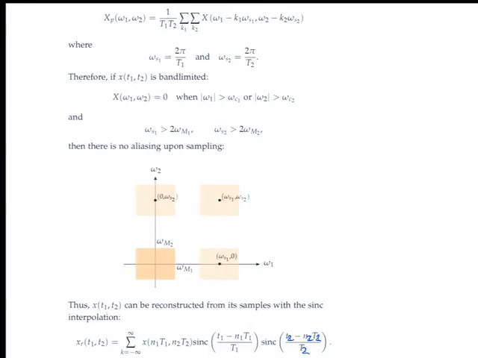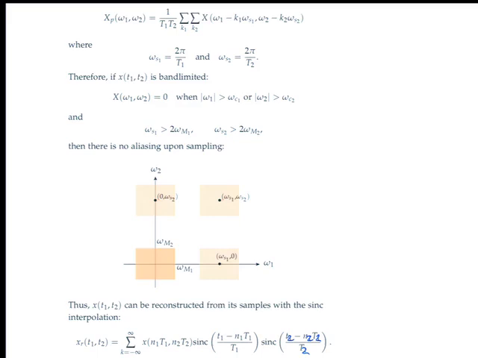They are separated by omega S1, which is 2 pi by T1, in the omega 1 direction, and 2 pi by T2, which is omega S2, in the omega 2 direction, right? So that's why the view from the top looks like that. And the bandwidth is omega M1 in the omega 1 direction and omega M2 in the omega 2 direction.